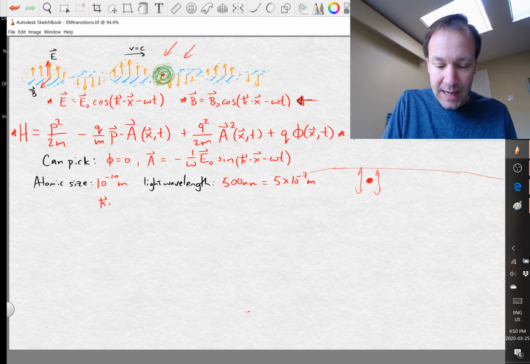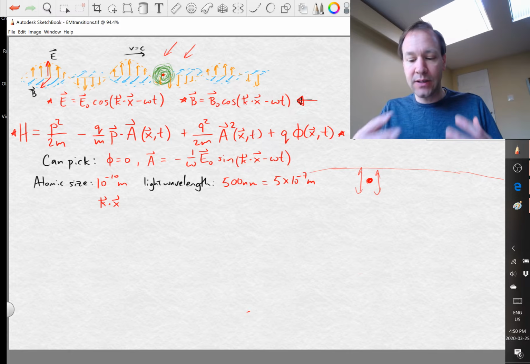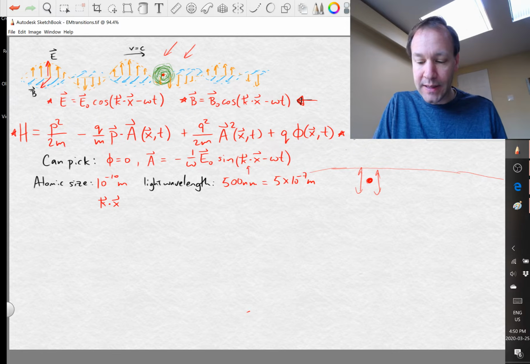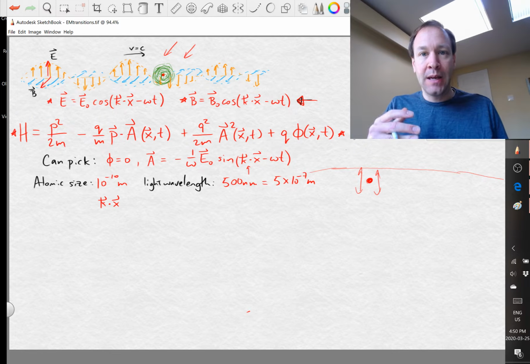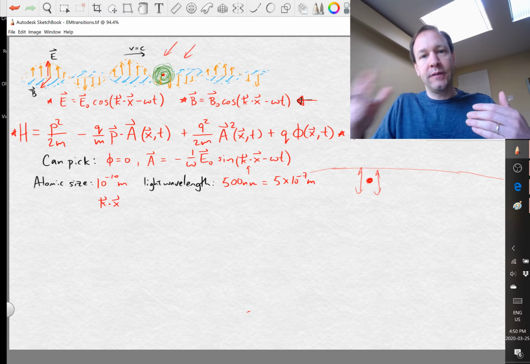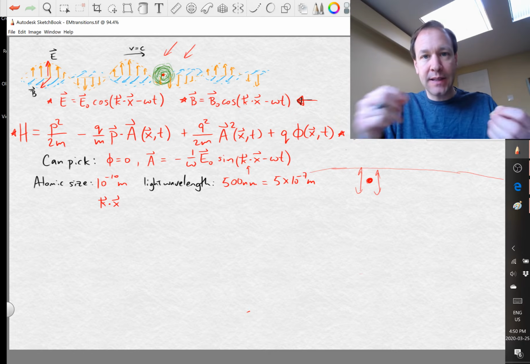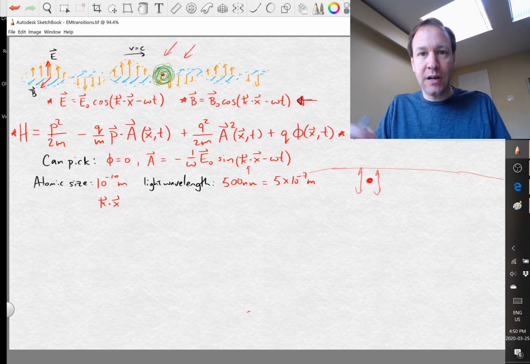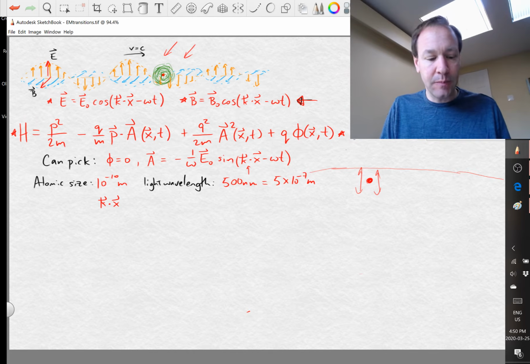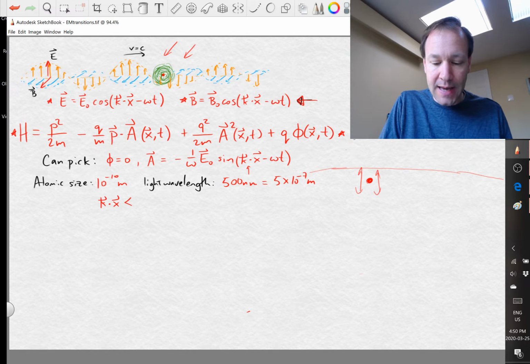If we have k dotted with x, which is the thing that shows up in our formula there, for the typical positions that the electron or the other charged particles in your atom or molecule are going to be in, we can take that to be very small.